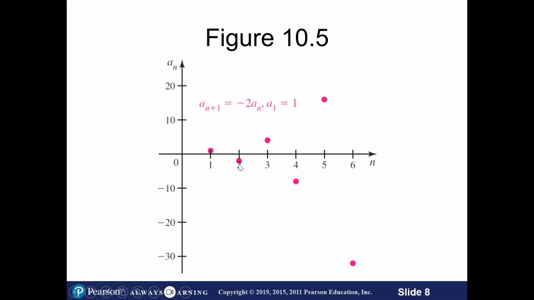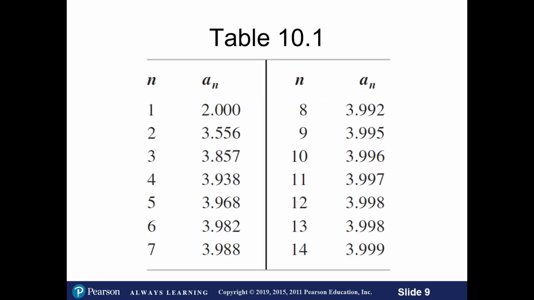Then -2 times 1 is -2, and then we go to +4, and so on. You can see here that the magnitude of the terms increases as n increases, and so this would be a sequence that is also divergent because it heads off to both negative and positive infinity.